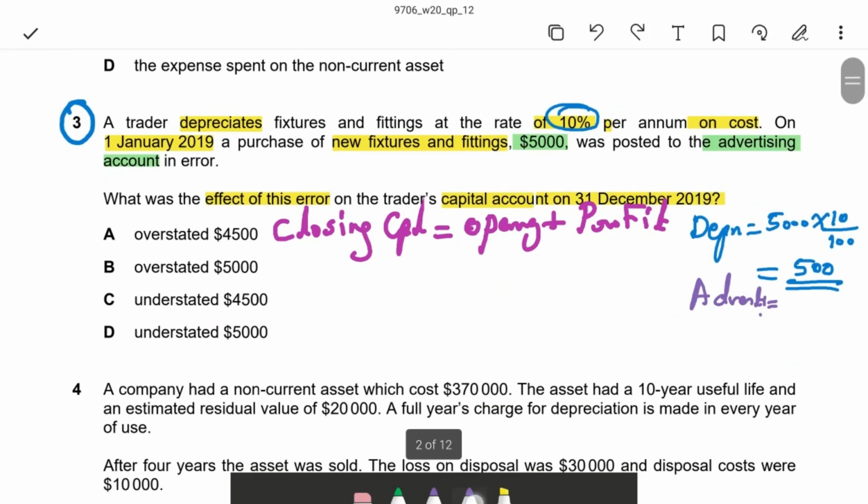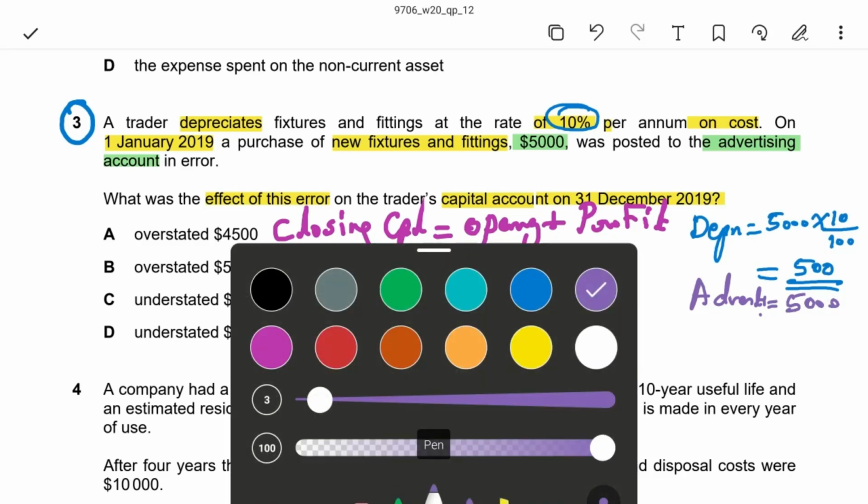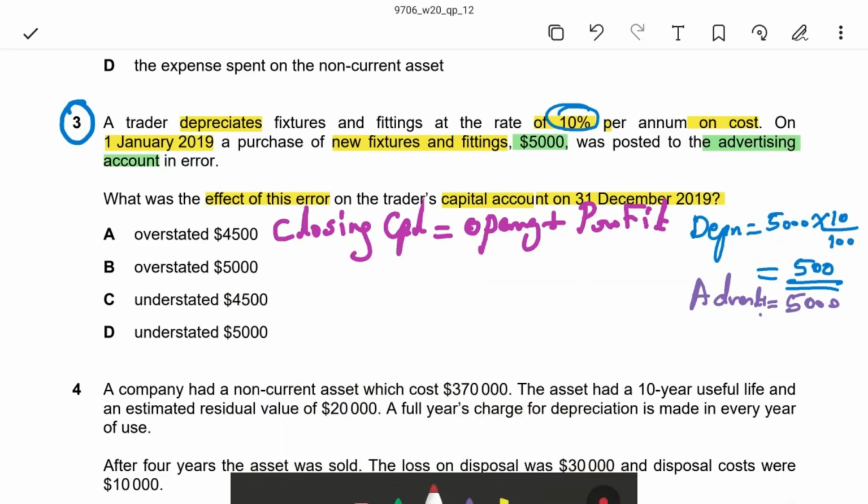The amount shown is 5,000. That 5,000 was added by mistake, while the 500 was not shown in the income statement.